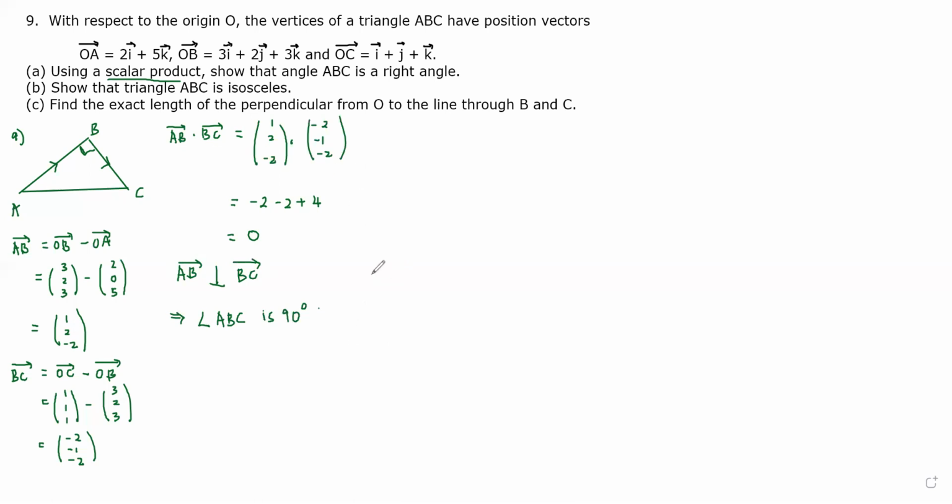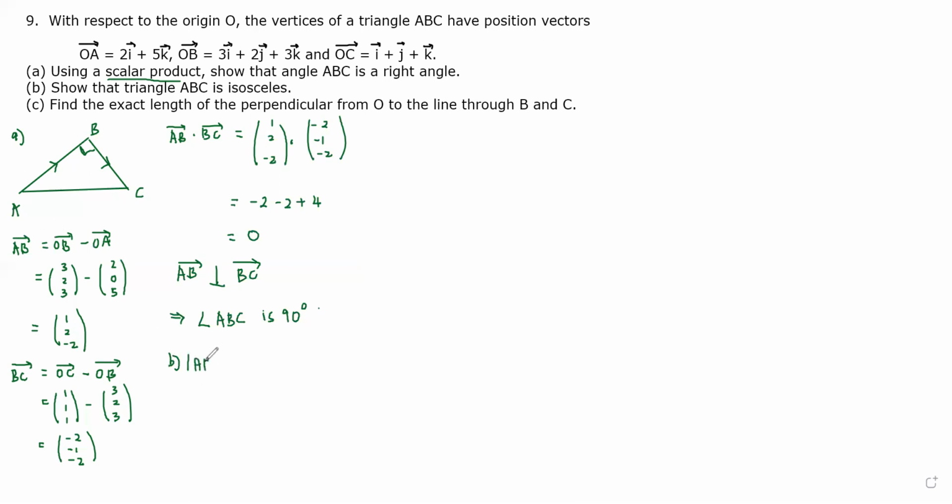Part B, we need to show that triangle ABC is isosceles. For a right triangle, since angle ABC is a right angle, it can only be isosceles if the length of AB is the same as the length of BC. So we need to find the length of AB.